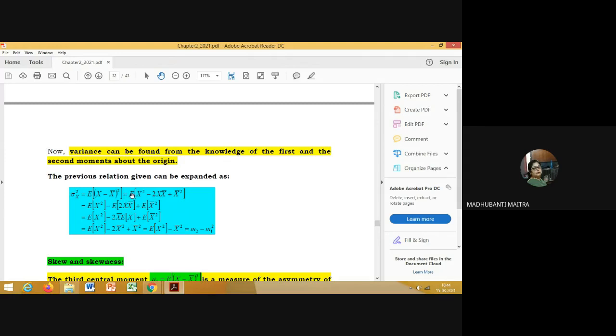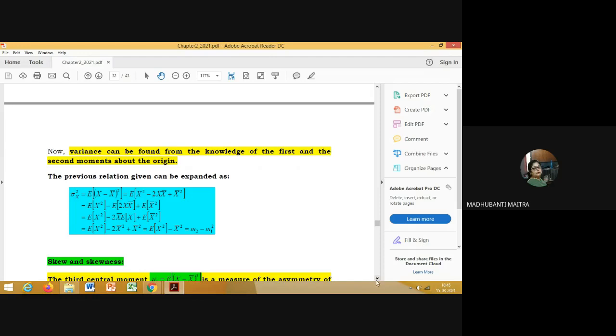So that is equal to expectation of x square minus 2 into x bar plus x bar square. So expectation of sum of functions. These are the functions, so we'll get expectation of the sums. So this can be written as expectation of x square minus expectation of 2x into x bar plus expectation of x bar square.